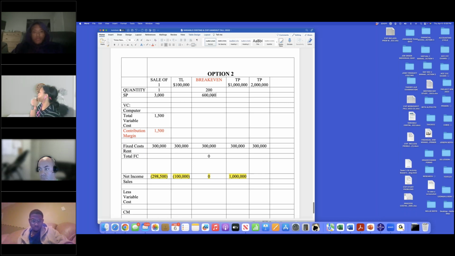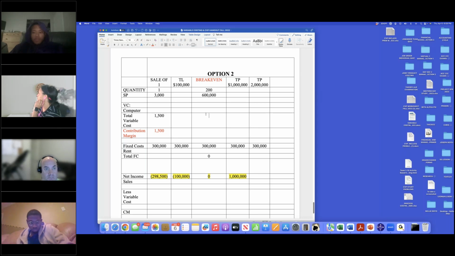The variable costs are going to be what? 1,500 times 200, 2 times 15. What's 2 times 15? 30. So put some zeros on it.